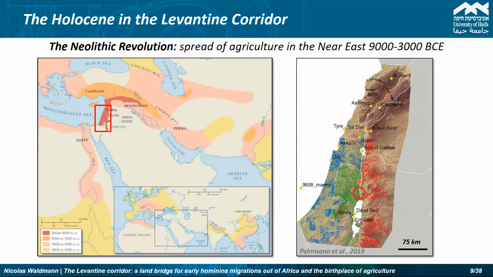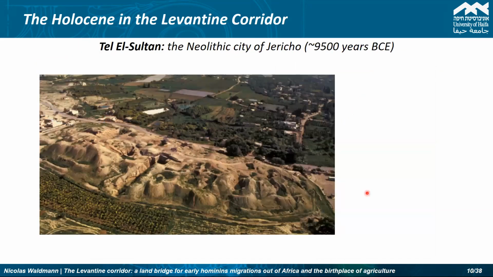But in any case, one very famous site is in the lower part of the Jordan Valley, which has the Sea of Galilee, the Jordan River, and the Dead Sea. In the lower part we have Tel el-Sultan, the Neolithic city of Jericho. We have all probably heard about Jericho, which is very well known as one, if not the oldest, metropolitan congregation of people in the Old World, dated back to 9,500 years before the common era.